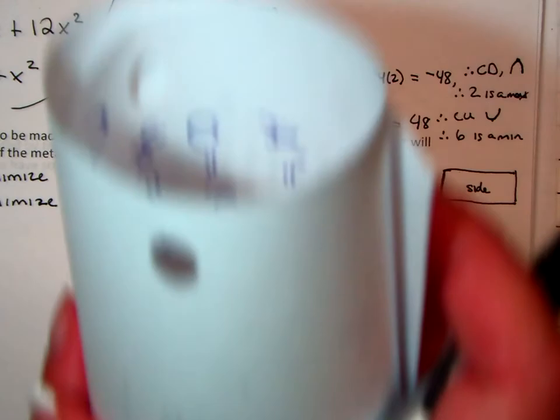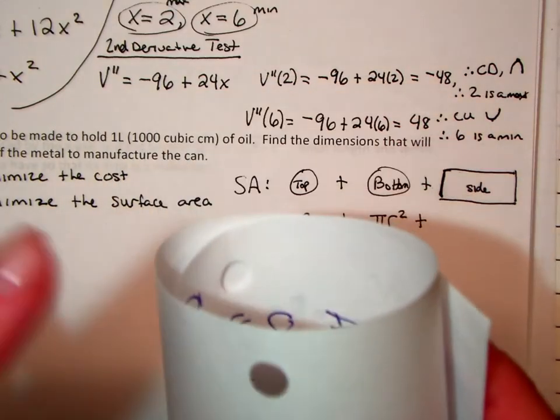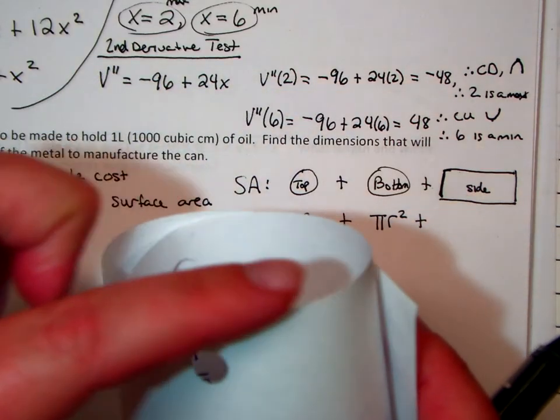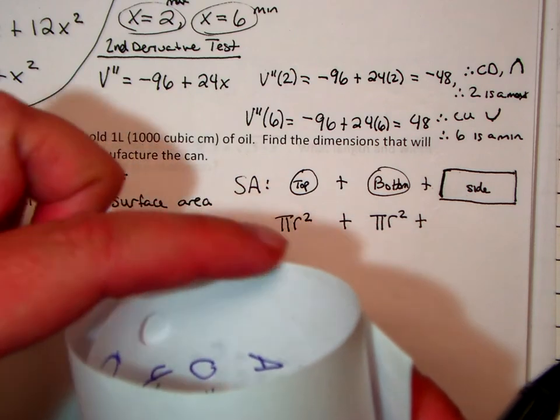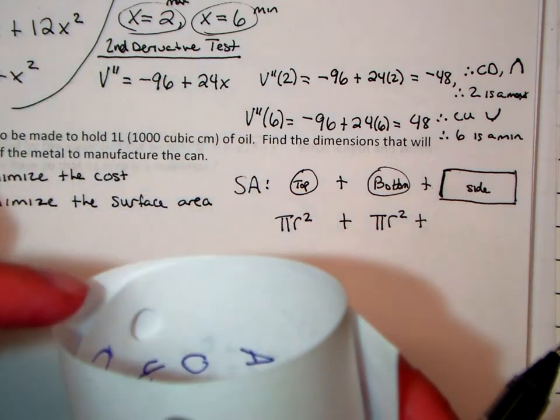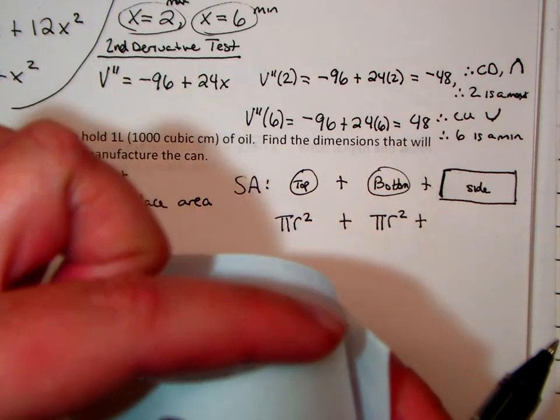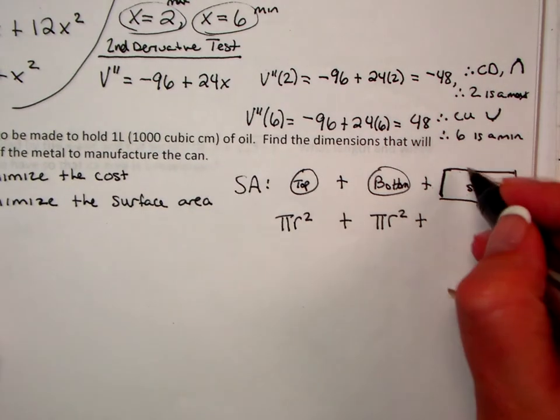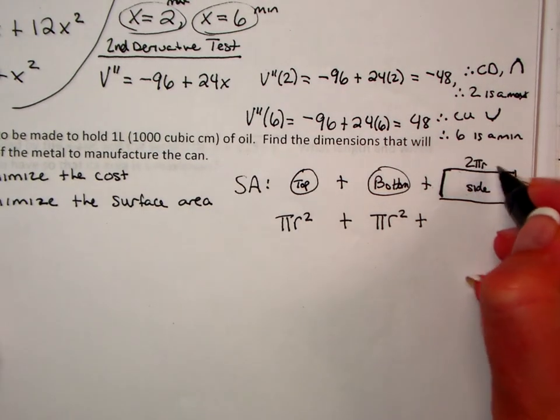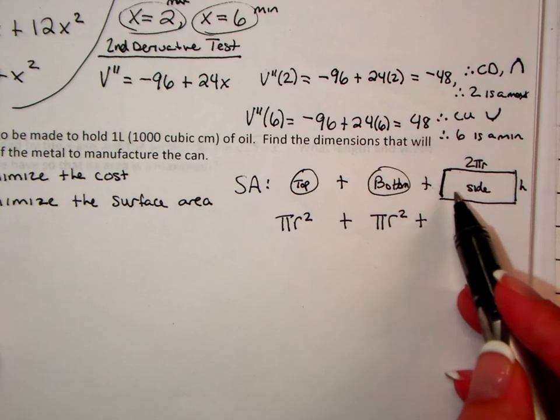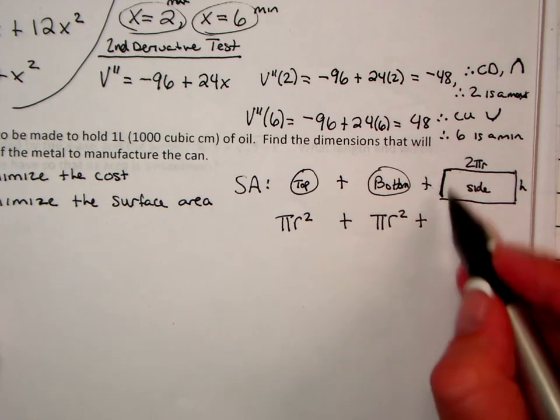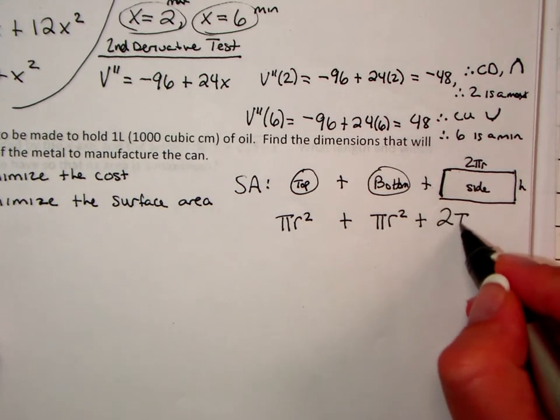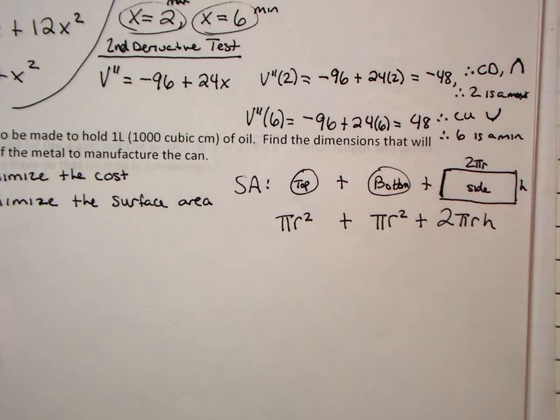If you cut the can here, then the top is this distance, which is just the circumference of that circle. The circumference is 2 pi r, so we get 2 pi r here and h here. So the area of the sides is the area of this rectangle, 2 pi r h.